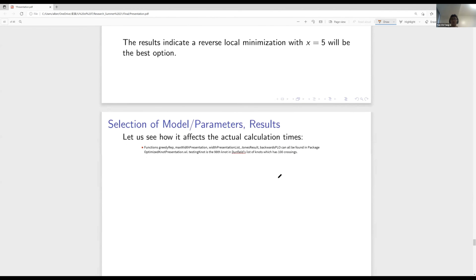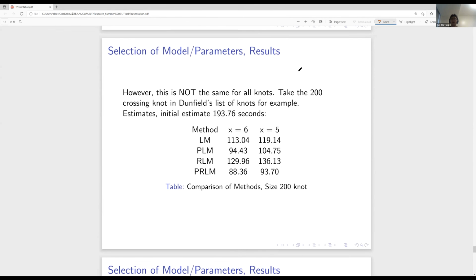And this will become even more apparent if, let's say, I start with a 200 crossing knot, which originally had an estimated time to calculate the Kauffman bracket of about 200 seconds or so. Now by just shuffling this, I'm able to reduce that calculation time by about half.